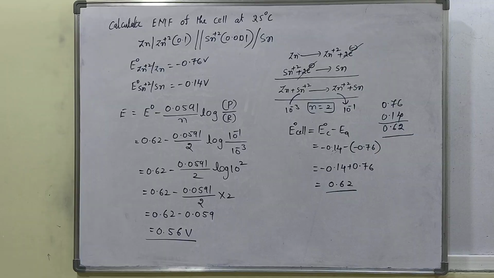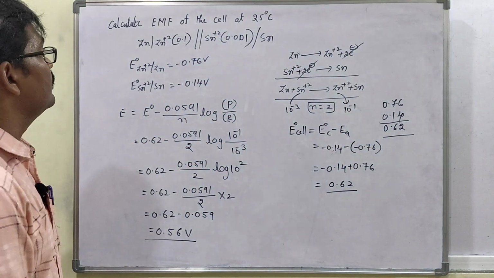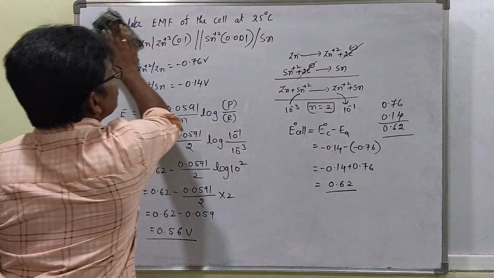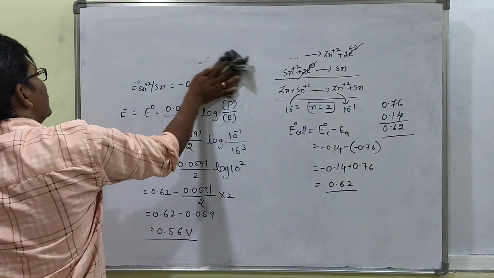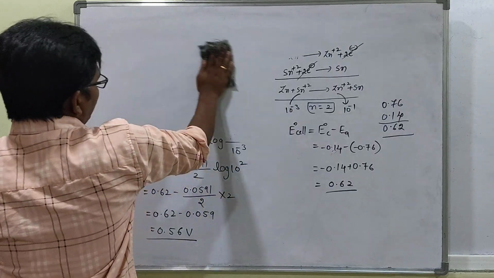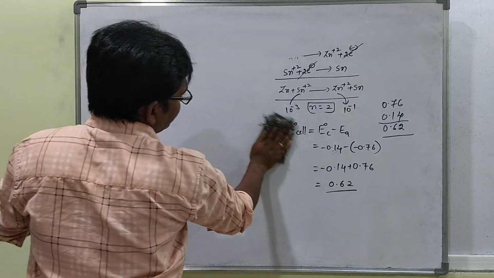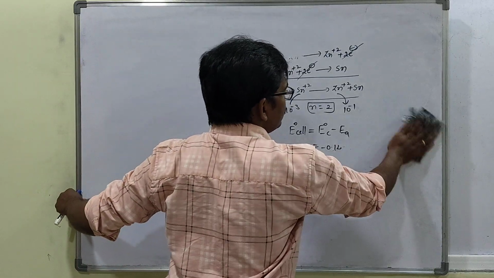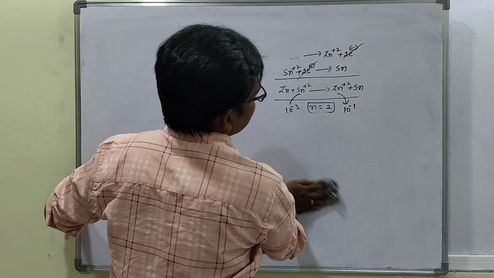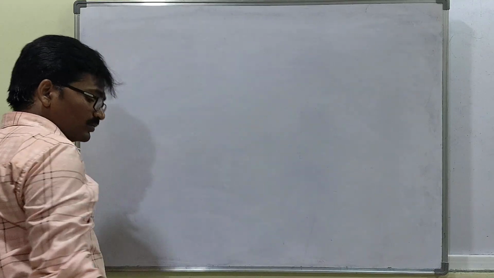Yes, you noted. So I will do one more question based on the Nernst equation itself. We can use the Nernst equation with the number of electrons as well as the E naught cell value, so you must know the different concentrations of product as well as reactant.